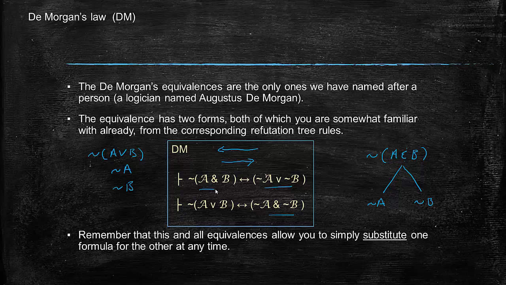So not only can this be substituted for this, but this can be substituted for that. Not only can this be substituted for this, but this can be substituted for that. Okay? So very important to remember that we're doing substitutions when we work with equivalences, because that really allows you to work this system and get a lot more out of it more quickly.